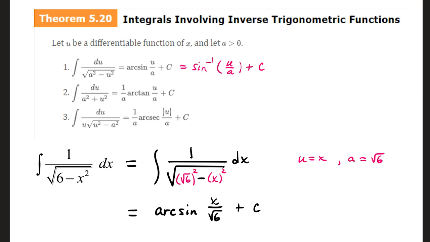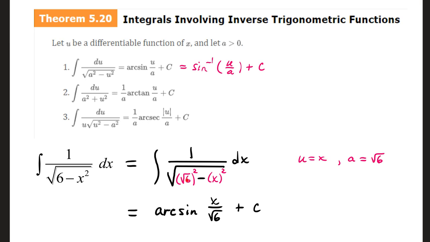For example, 6 is the square root of 6 squared. X squared is x squared. So you can tell that your a value is the square root of 6 and your u value is x.